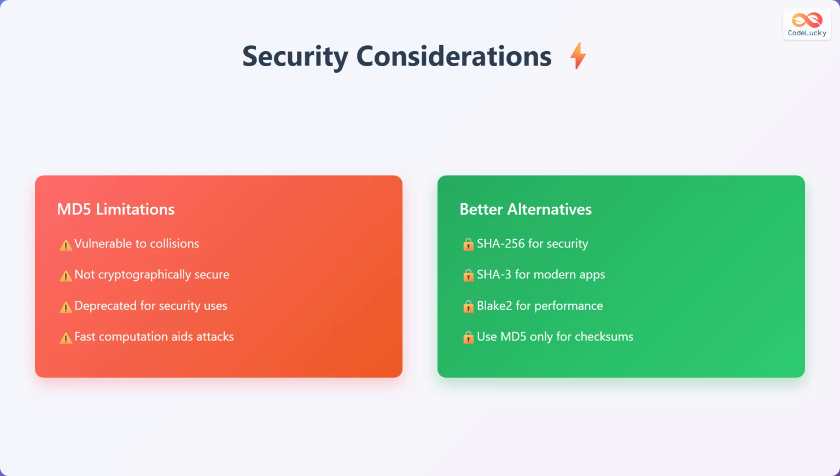For better security, consider using SHA-256 for general security purposes, SHA-3 for modern applications, or Blake2 for high-performance needs. Reserve MD5 use primarily for non-security critical checksums and file verification where collision resistance isn't paramount.